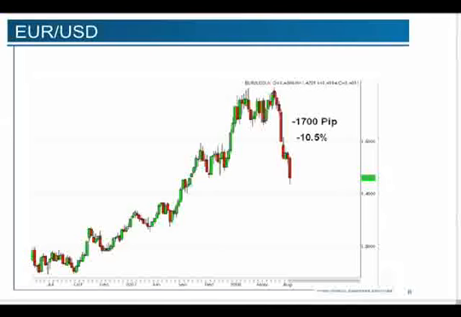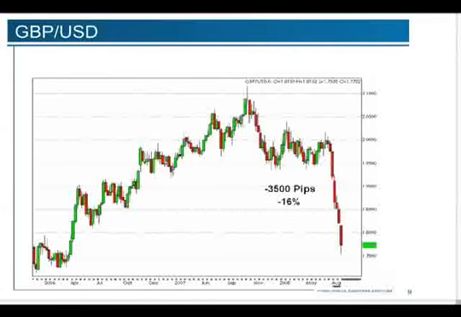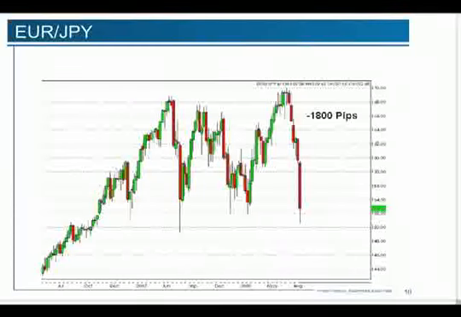in sight. This chart here illustrates the degree of the move in the euro dollar over the past 2 months. This is a weekly chart of the euro dollar. The euro dollar basically dropped 1,700 pips or 10.5% in a little less than 2 months. This is the move in the pound dollar where it basically fell 16% or 3,500 pips.